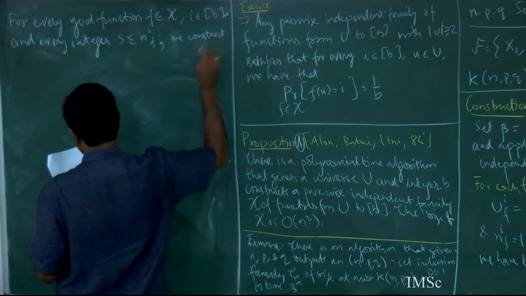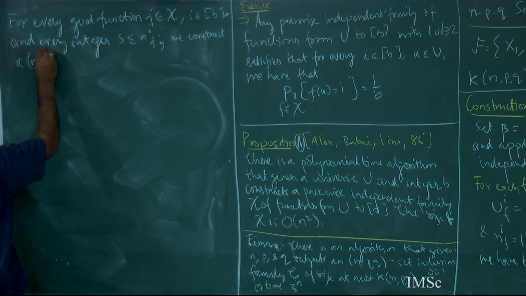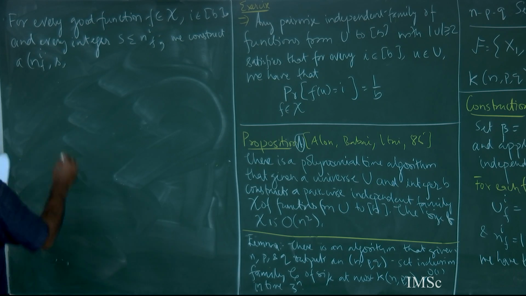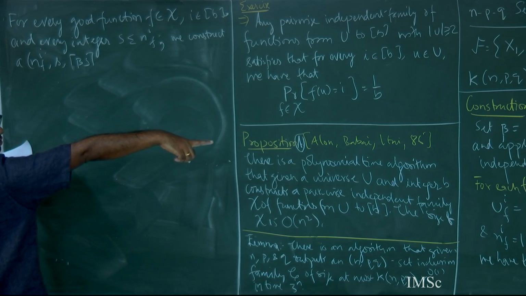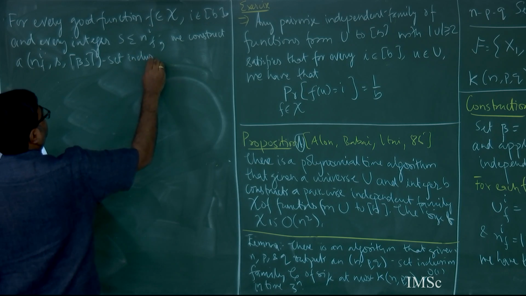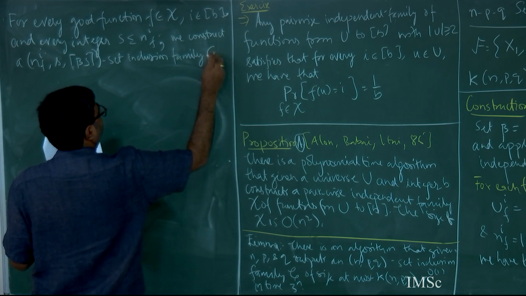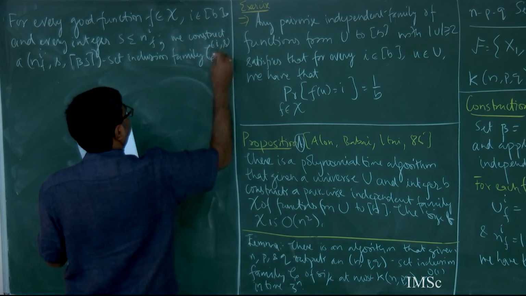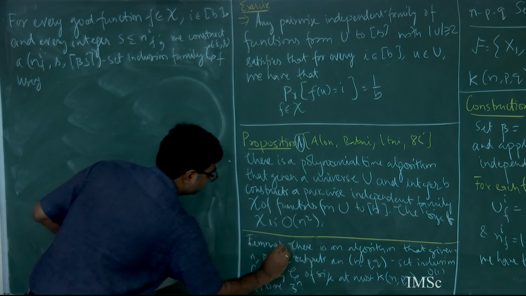We construct, for NIF s, beta s, which I have set in the beginning, a set inclusion family C I S F using lemma b.